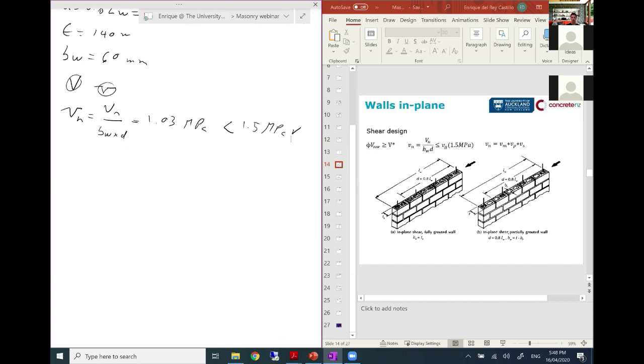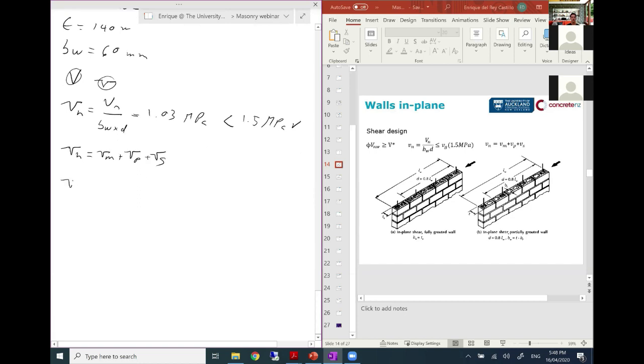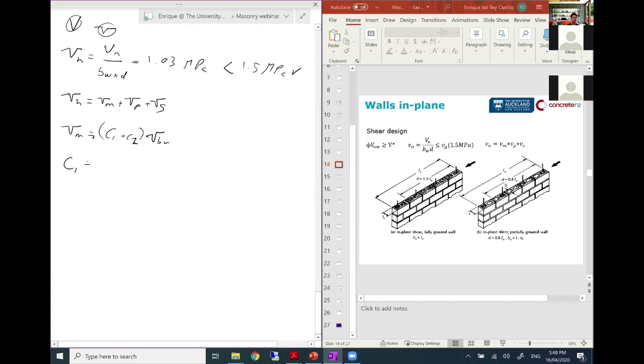Now we calculate the stresses. So vn is equal to the contribution of the masonry, contribution of the axial load, contribution of the steel. Now the contribution of the masonry is C1 plus C2 times vbm. Now C1 is equal to 33 pw times fy over 300.